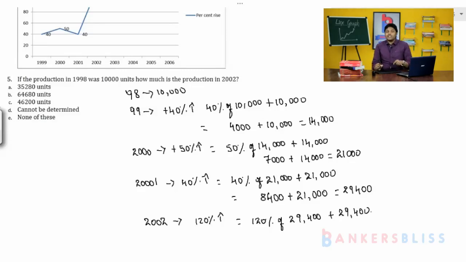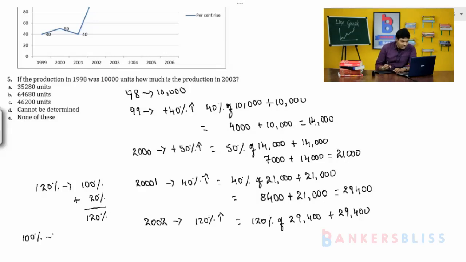So 120% it is increased. 120% means what? See here, 120% means 100% plus 20%. Now how much is the 100%? 100% means it is 29,400 plus 20% you have to calculate.